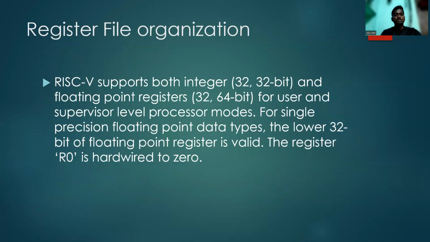In this register file organization, RISC-V supports both integer 32 and floating point 32 and 64-bit registers for user and the supervisor level processor modes. For single precision floating point data types, the lower 32 bits of the floating point register are valid. The register R0 is hardwired to 0.